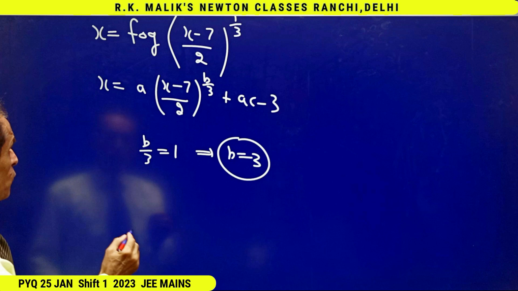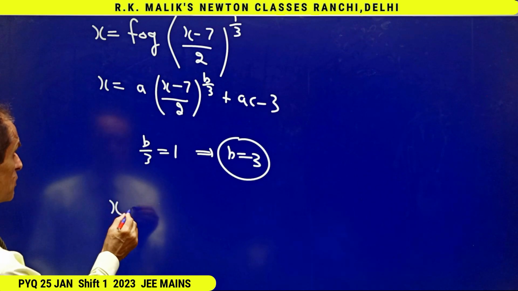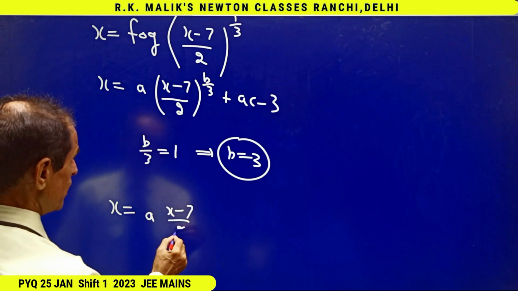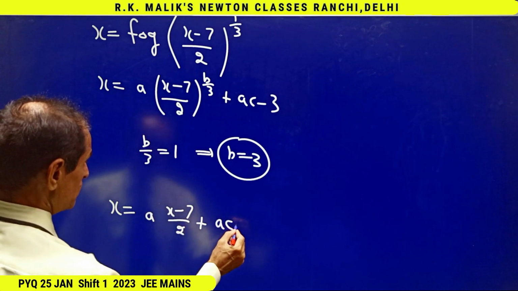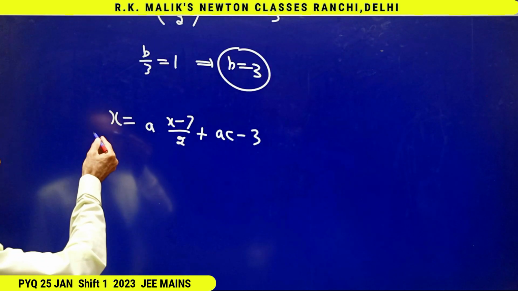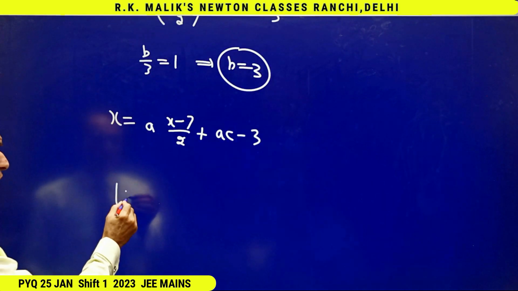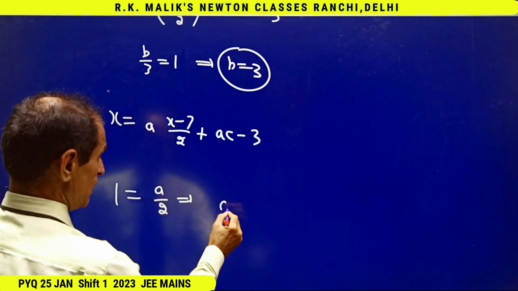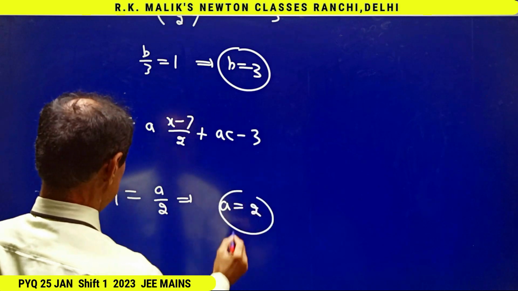After taking b equal to 3, the equation becomes a into (x minus 7 by 2) plus ac minus 3. It is clear that the coefficient of x on the left hand side is 1 and on the right hand side it is a by 2, which means a is equal to 2.